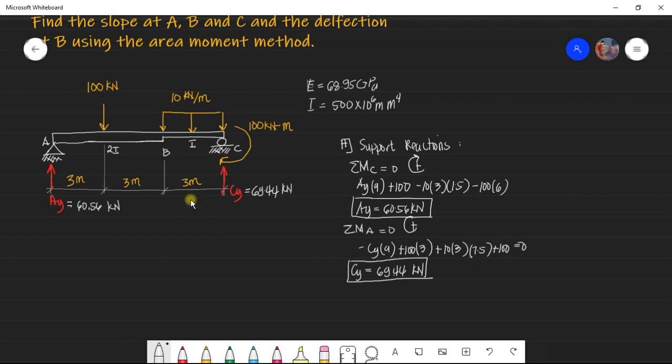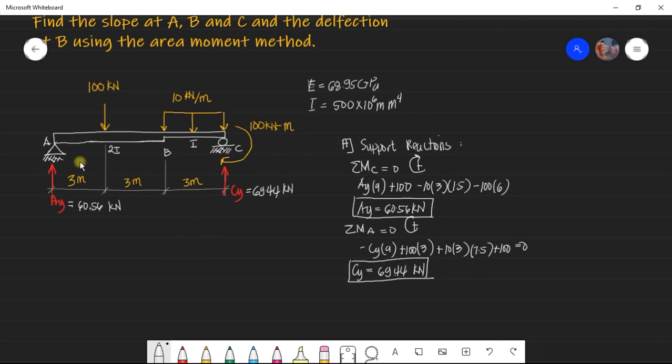This time, I will be choosing B as my moment center, to separate the 2I and the I. And it so happened that one of the edges of the uniform load is at B.